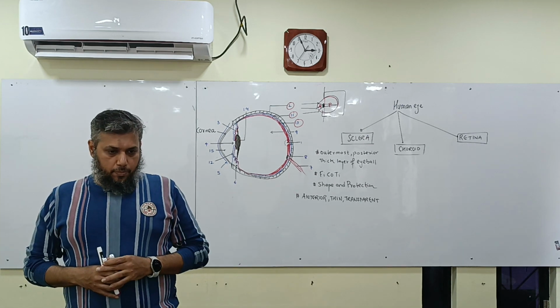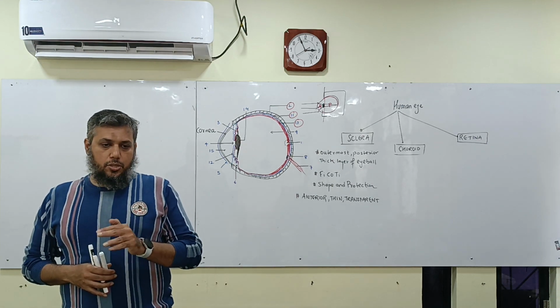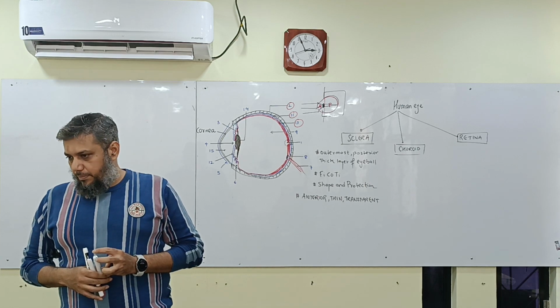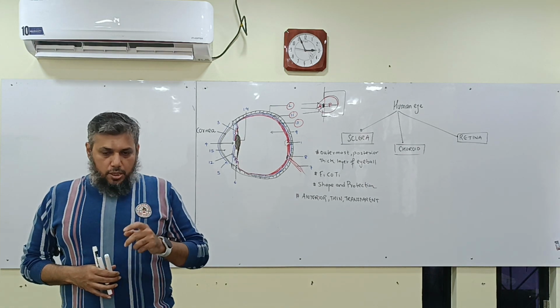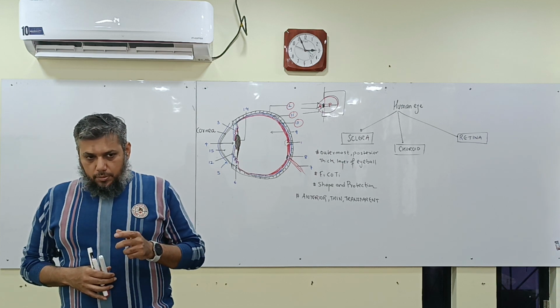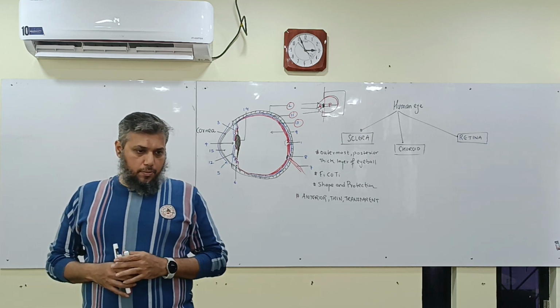Cornea, which is basically a non-keratinized epithelium. That is why if slight changes occur in the shape or the nature of the cornea, it causes eye disorders.